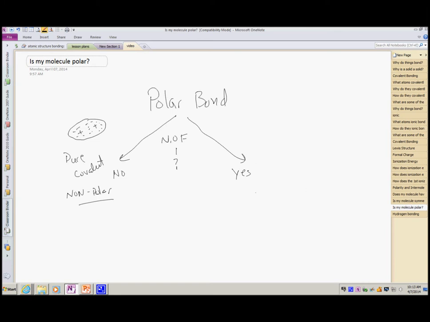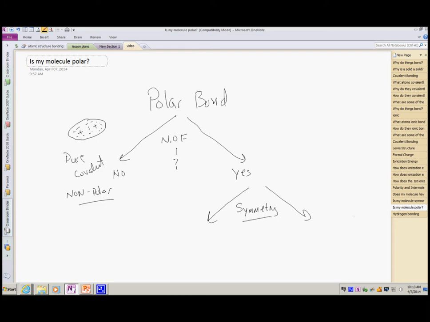If there's yes, well then there's the opportunity for something else to happen. We can have a polar bond where electrons are being dragged to one side versus the other and still not be polar, and that has to do with what's called symmetry.